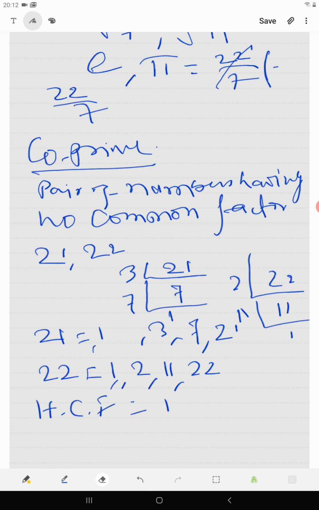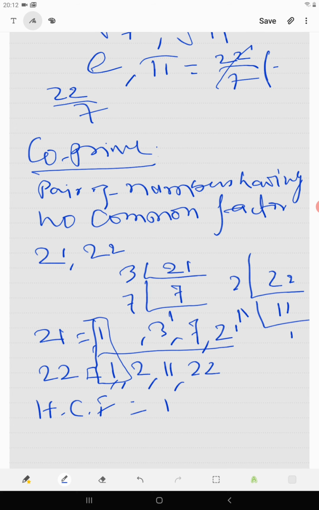Only 1, 3, 7 and 21 are there. And for 22, it is 1, 2, 11 and 22. So if you see over here, there is only one common factor, 1. Other than that, there is no common factor. So the HCF of this is 1.